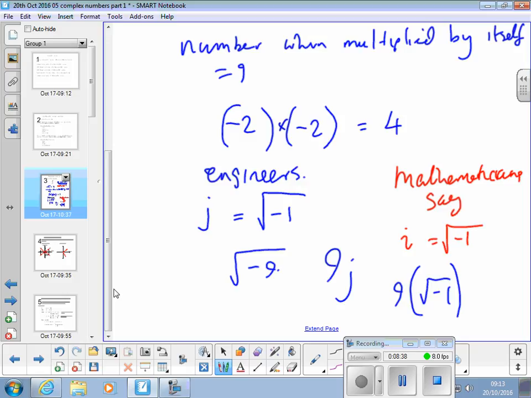Okay, so you're effectively multiplying the number 9 by the square root of minus 1, which we're calling j. I won't get too hung up on that, because as engineers, what we're really interested in is using the technique to our own means, not the mathematical theory. Okay?